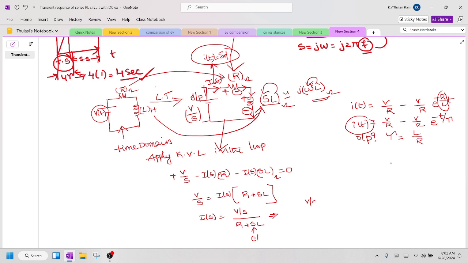Then you are going to get V by S divided by, taking L as common, R by L and S. So this is also in S, this is also in S. Going to the numerator, this is V into 1 by L divided by this, which is nothing but S into S plus R by L. Now we need to solve this expression.